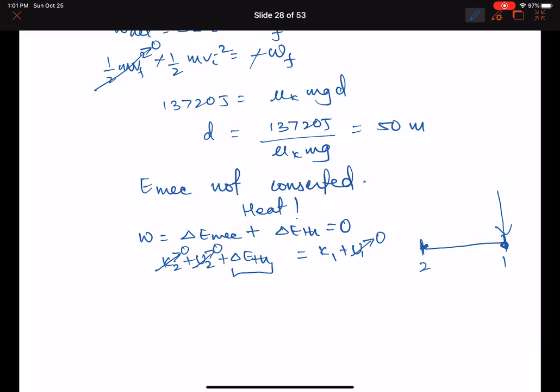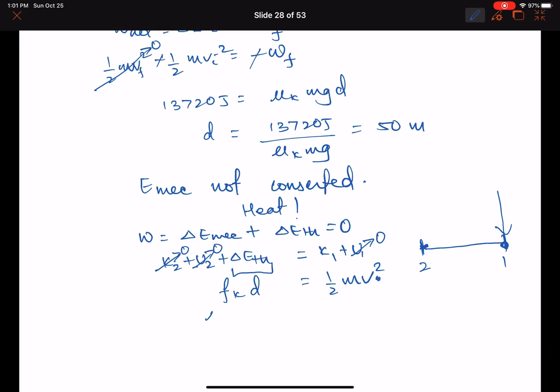So now whatever energy you have is lost in the form of heat. Whatever heat energy was generated due to friction is work done by friction. That is friction times d, equals 1/2 m v squared.